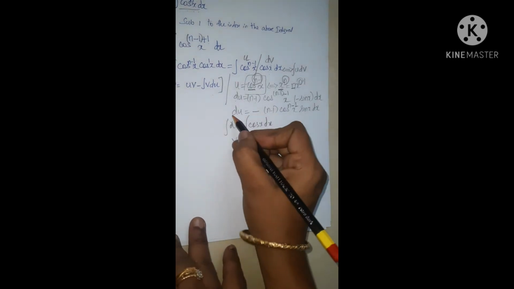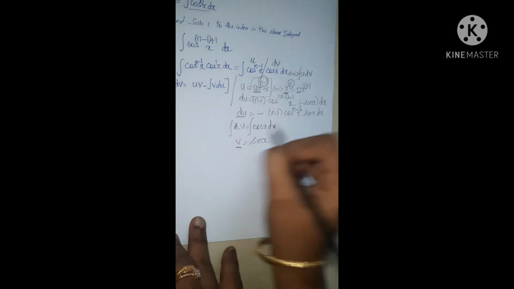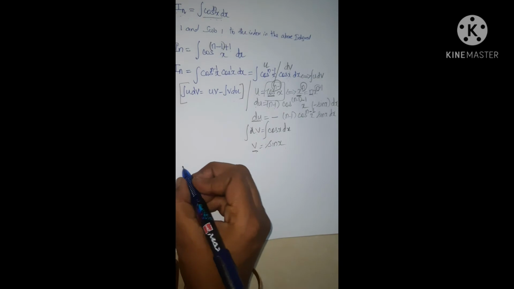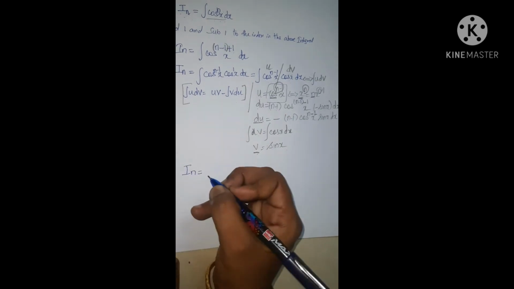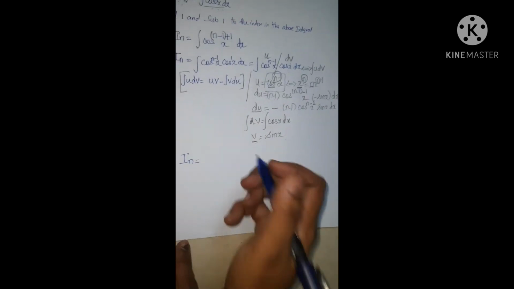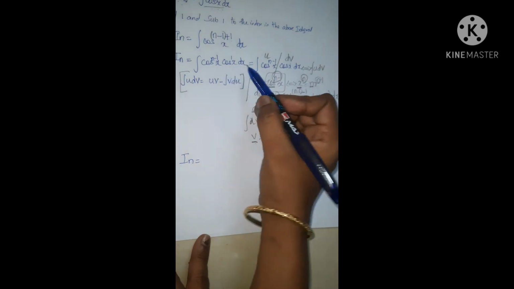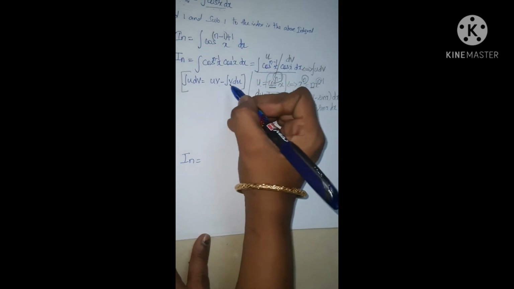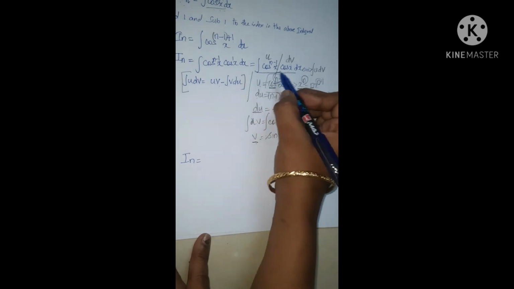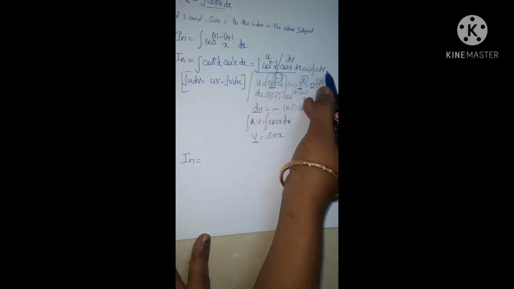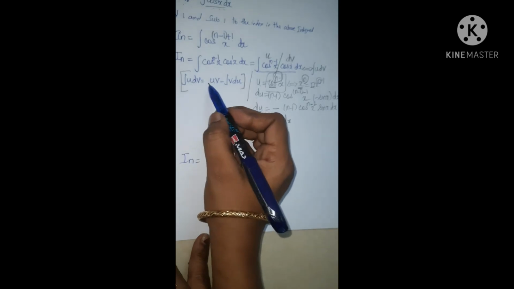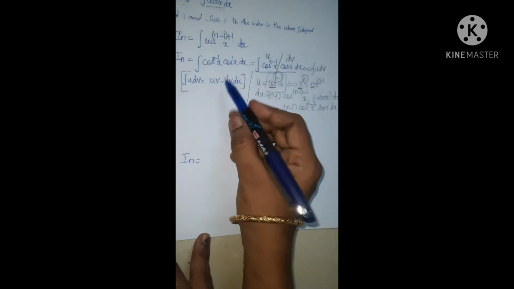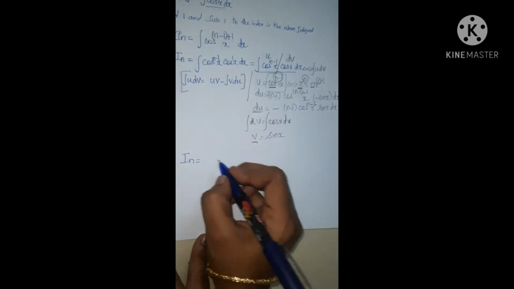So we got the values for du and v. Now we can go for substitution. What is our I_n equal to? We are going to use the formula uv minus integral v du, because this entire expression is in the u dv form, where integral u dv is equal to uv minus integral v du. So in the next step, what is u?